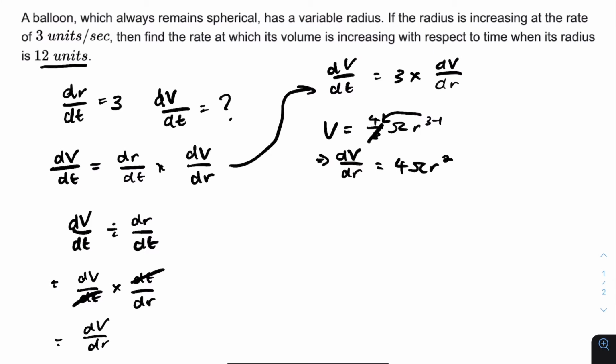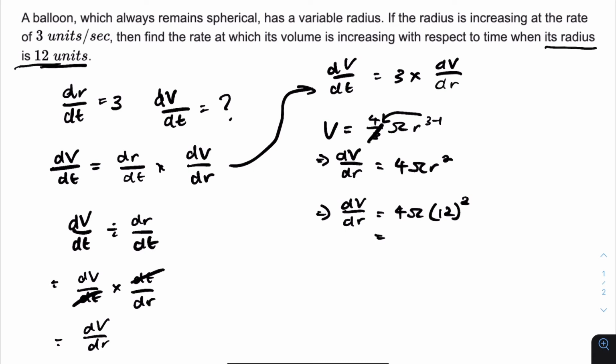So we've got dv over dr, but it has an r in it, and that's where the radius being at 12 units becomes relevant. We just substitute r as 12. So dv over dr at 12 units is 4 pi times 12 squared, which is equal to 144 times 4. What's 144 times 4?